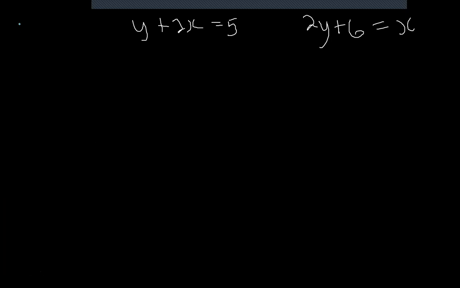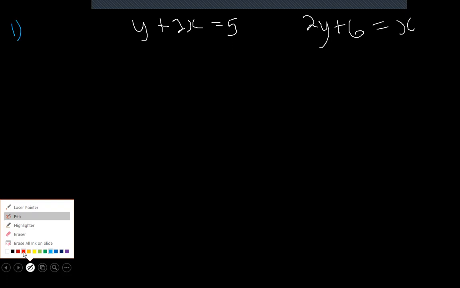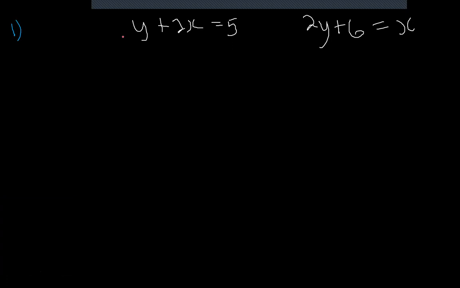Anybody? Can you tell me what's the first step? What we were doing just now. What was the first step? To write each equation in the form of y equals mx plus c. Good job. So I subtract 2x on both sides.